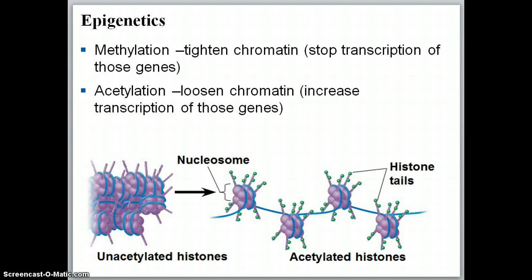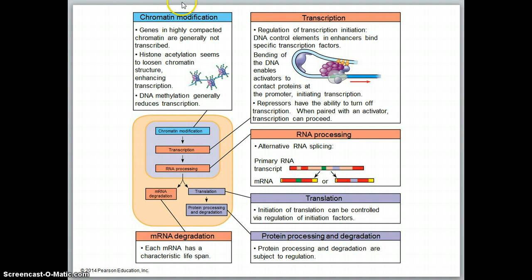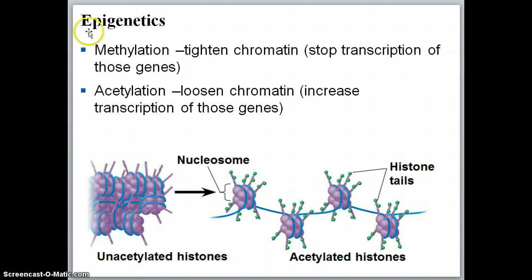The first thing I want to talk about is what we usually refer to as epigenetics. This has to do with chromatin modification. Two different things can happen: one is methylation, and the other is acetylation. Methylation is going to cause the chromatin to tighten up, to get wound really tightly around all those histone proteins.